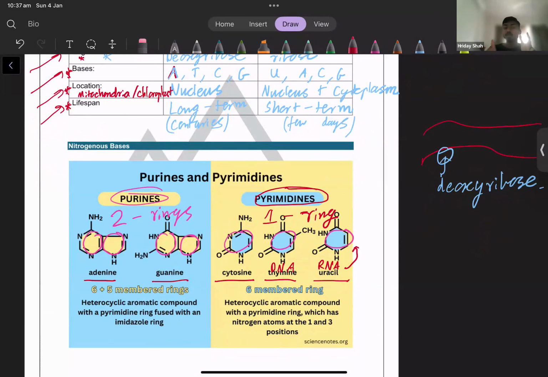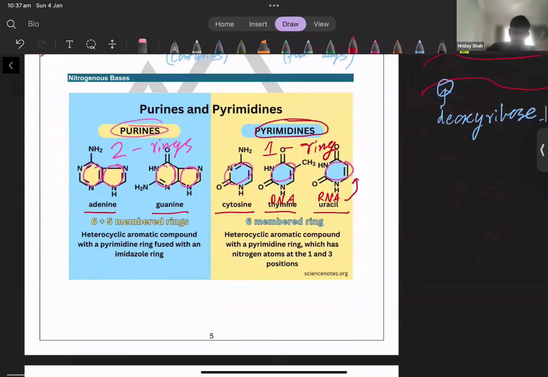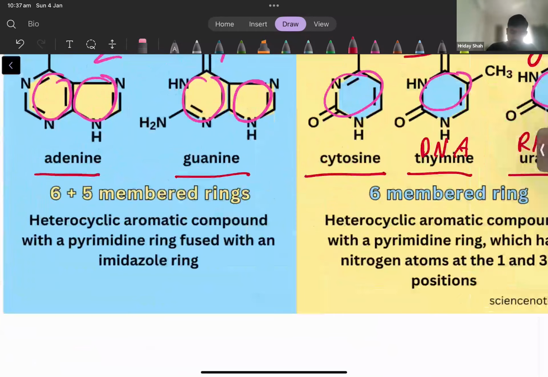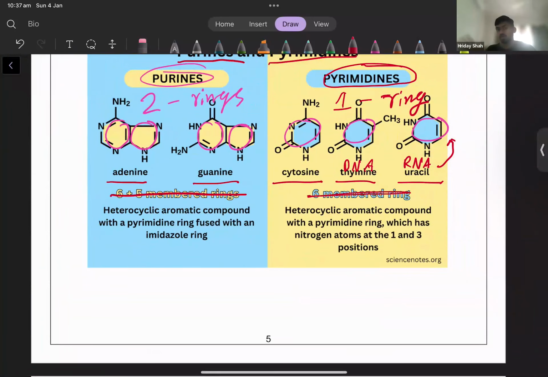So uracil will replace thymine in RNA compared to DNA. This terminology is something they like to test in MCQs, but it doesn't hold much further reference. It's just a definition to know for an MCQ. In terms of the six plus five, you don't need to know how big the ring is. Just memorize one ring versus two rings. That's all that's important.